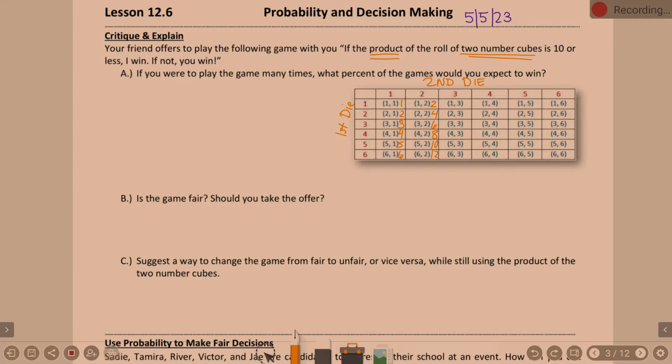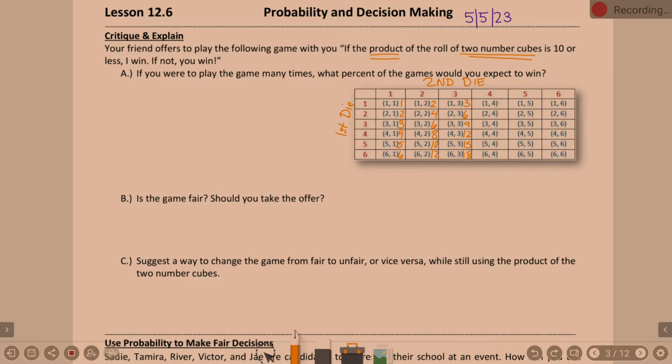So you've got all your multiples of 2, yes? 2, 4, 6, 8, 10, 12. Next column, 1 times 3 is 3. 2 times 3, 6, 9, 12, 15, 18. All of your multiples of 3, yes?